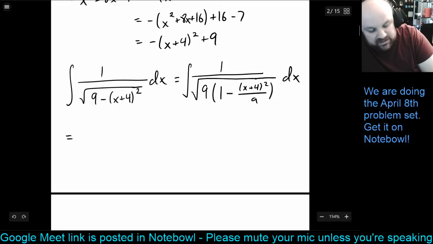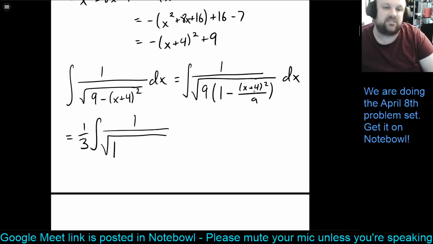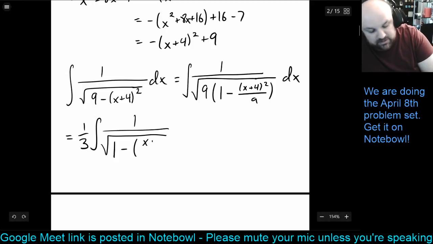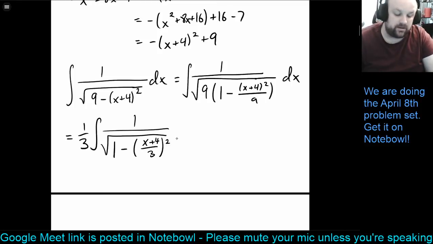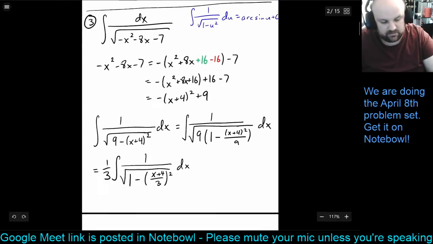I'm going to pull the 9 out of the square root, so we just get this 1/3 out here, integral 1 over square root of 1. Now here, I'm going to combine this into one squared term. I can write this as x plus 4 over 3 quantity squared. Okay. Now at this point, can you see what we need to do?